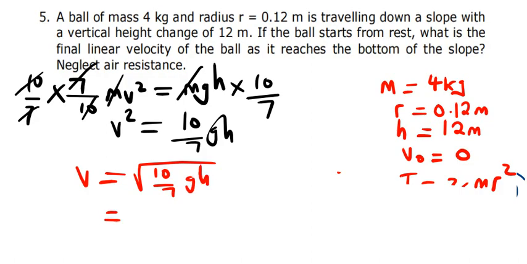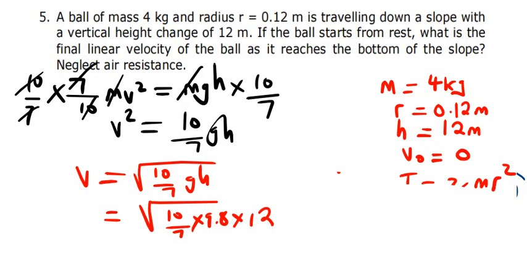Now if we solve that, what do we have? The acceleration due to gravity, I'm going to take 9.8. You can choose to use 10 if you want, but I'm going to choose 9.8. So I'm finding the square root of 10 over 7 multiplied by 9.8. The height we've been given is 12 meters, so multiply by 12.